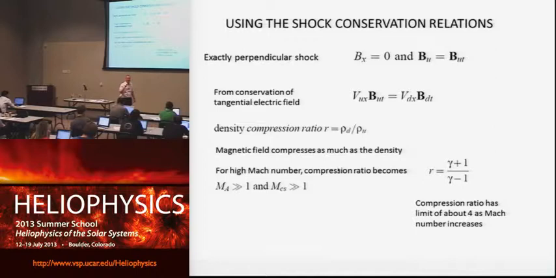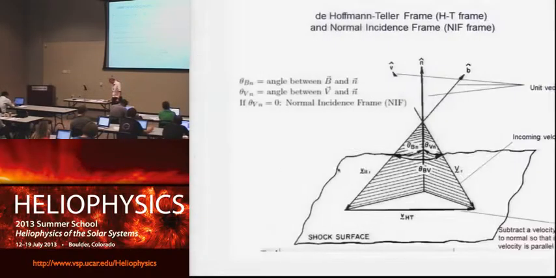So in the high Mach number limit, the compression tends to a finite value of 4. In other words, however strong your shock is, the density only increases by a factor of 4, and the magnetic field only increases by a factor of 4. That becomes very important, because when you want to generalize to all different kinds of shocks, you've got this very powerful constraint.